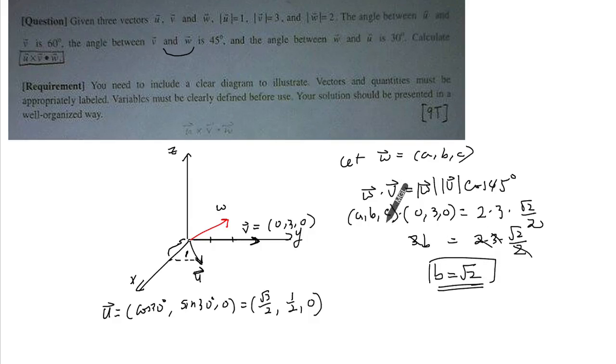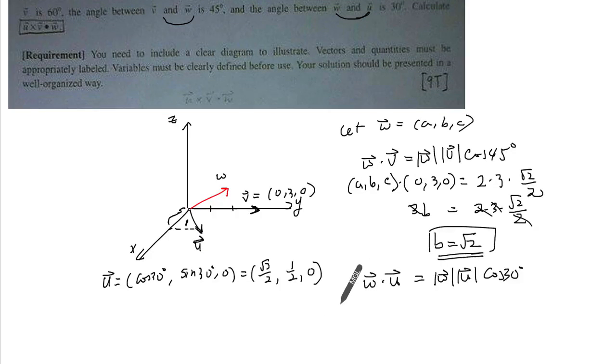Okay. So let's use other information. W and u is 30 degrees. W dot u, by dot product definition, is going to be this. And w now is a, root 2, c, and u is right here, root 3 over 2, a half, 0.